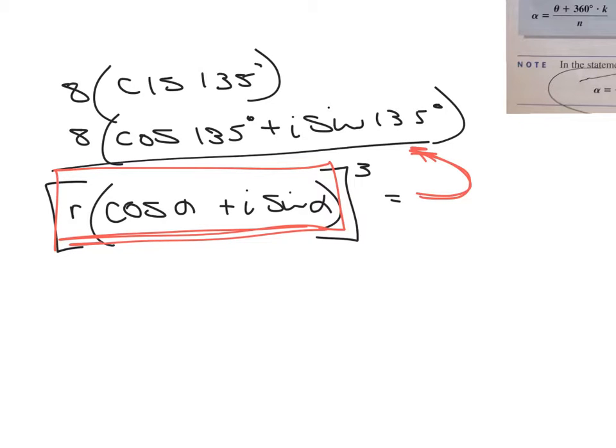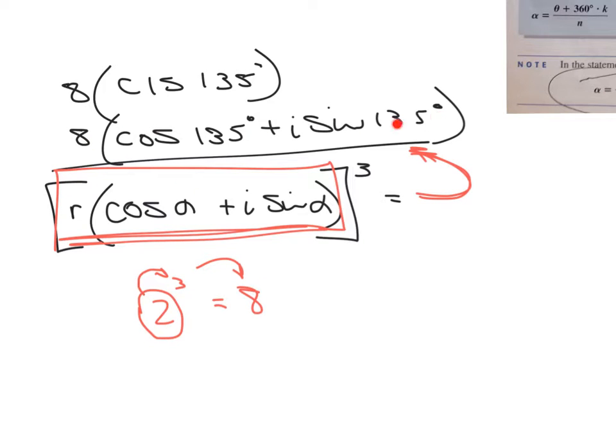Alright, so let's put it in a form that you better understand. Basically what I'm saying is that those two are equal. There is a number that if I cube it, I'm going to get this. This is my cubed version right there, my 8.